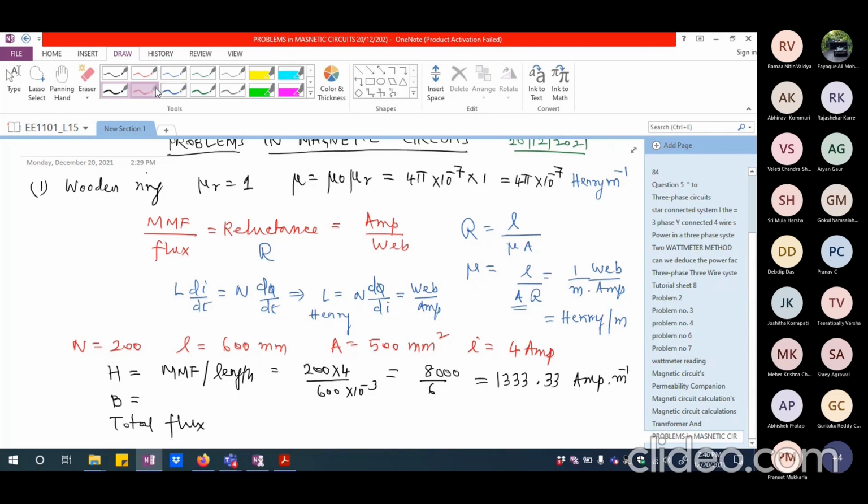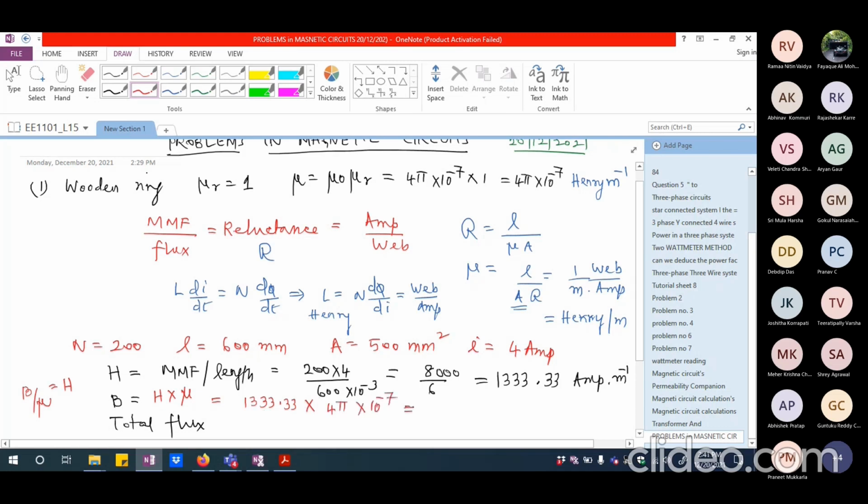Now what is B? B by mu is H, so H multiplied by mu is B. So I should be able to write this as 1333.33 multiplied by mu, which is 4 pi into 10 power minus 7.